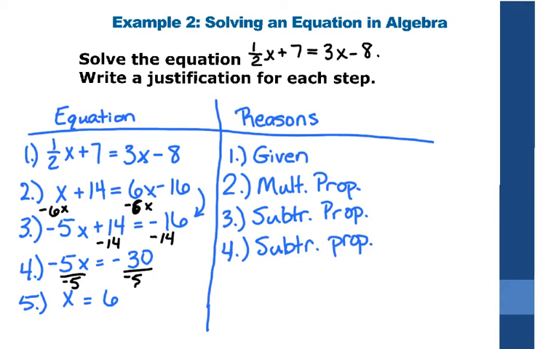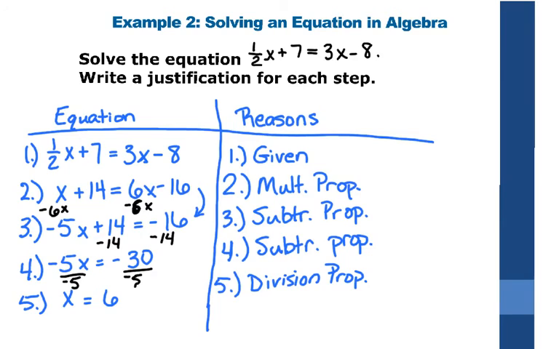And that is our division property of equality. Okay, and there is our equation solved out and all the reasons for our steps. And that's what we have to do for algebraic proof.